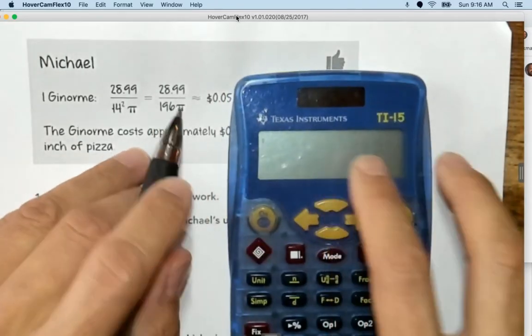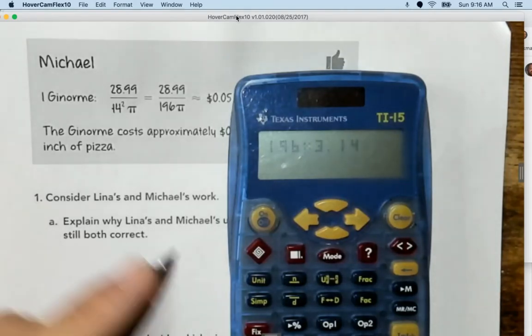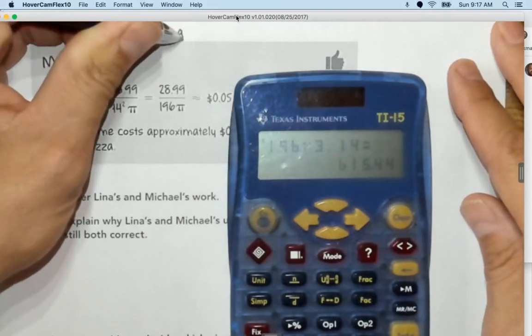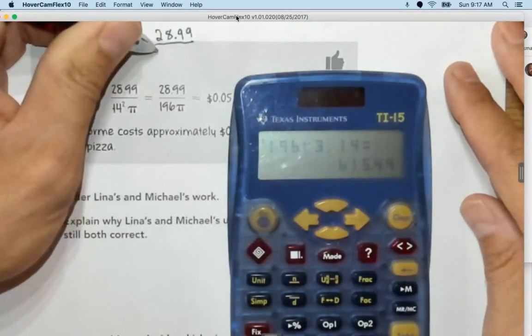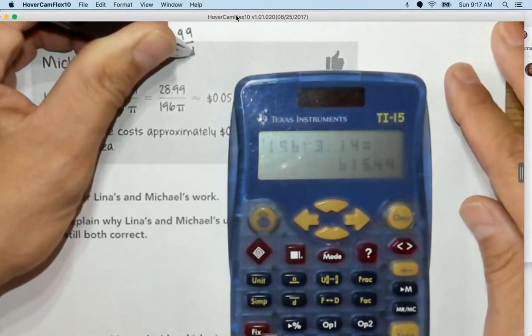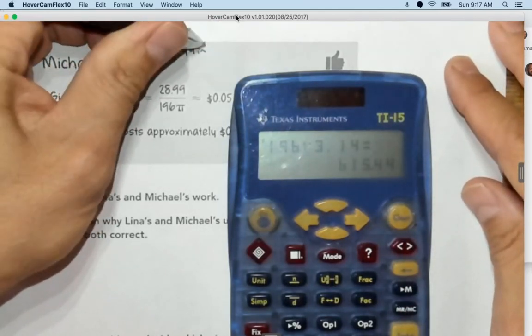Again, the thing they left out of this is I would take the 196 times an approximation for pi to get it, so it was $28.99 for 615.44 inches squared for that much pizza.